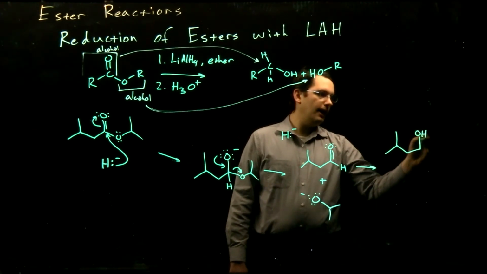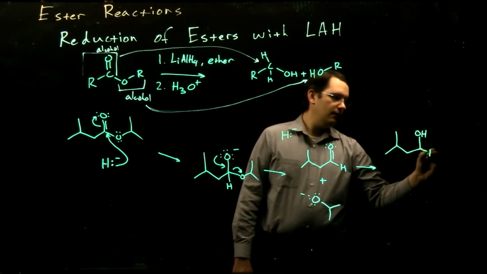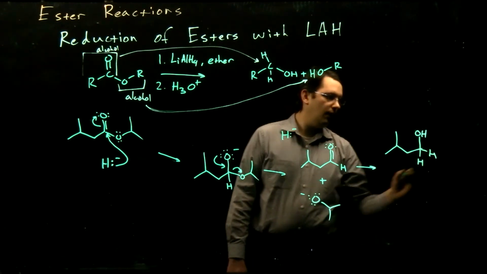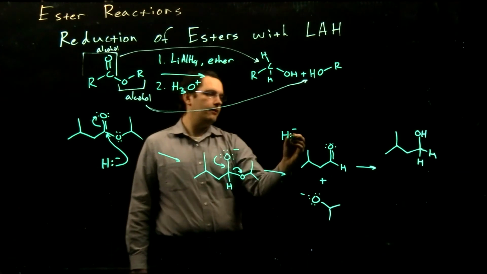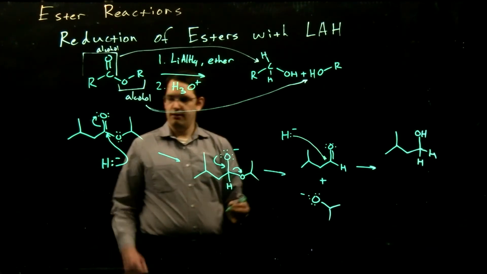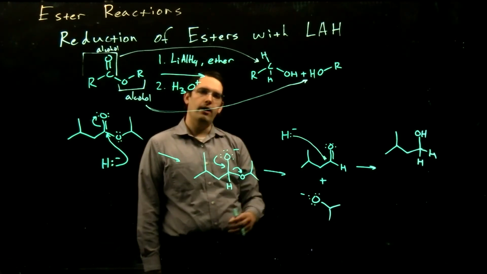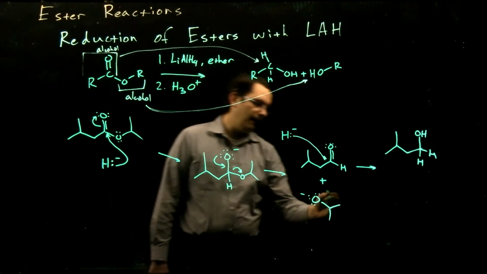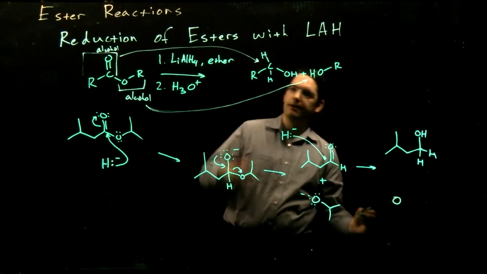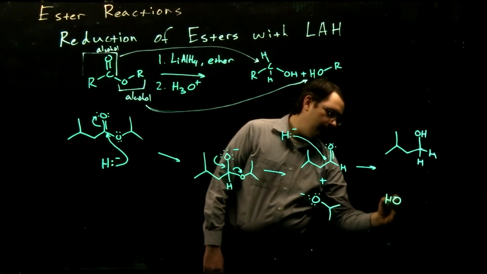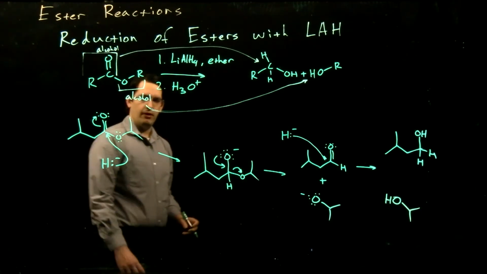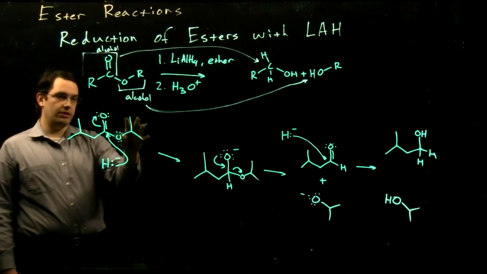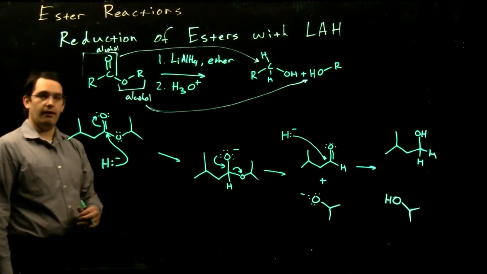So our aldehyde is fully reduced to our primary alcohol. We have now our two hydrogens added on as these two different hydrides attacked, one in our first step, one in the second step. This alkoxide gets protonated by our acid here to form our isopropanol from our original isopropyl group of our ester.